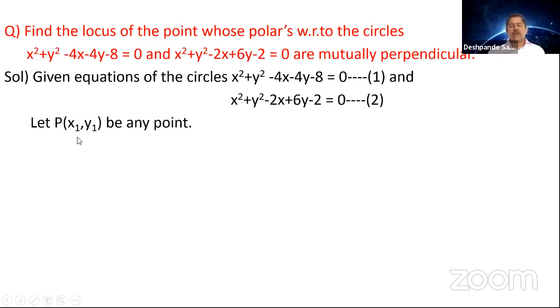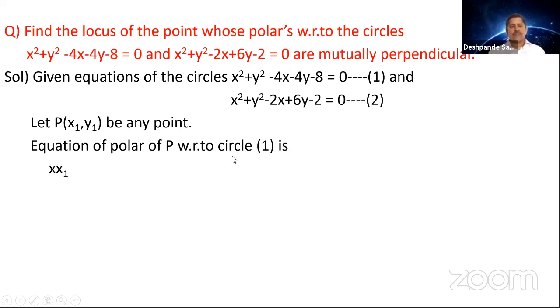From this point, you are going to find the polar of the first circle. The equation of the polar of P with respect to circle 1: what is the formula? xx1 plus yy1 plus g times x plus x1 plus f times y plus y1 plus c is equal to 0. In the first equation, 2g is minus 4, so g is minus 2. 2f is minus 4, so f is minus 2, and c is minus 8.